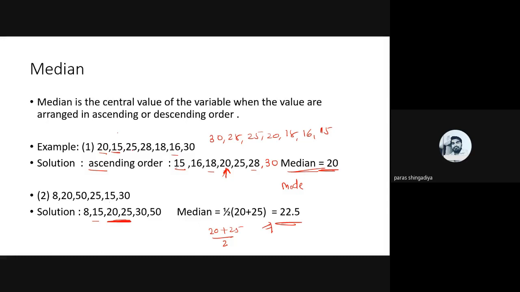The data is 20, 15, 25, 28, 18, 16, and 30. There is no repetition of any number in the first example, so for mode, we cannot decide any mode. For the mean, just find the addition of the data, sigma xi, divided by the total number, that is 7. We can check the mean also.